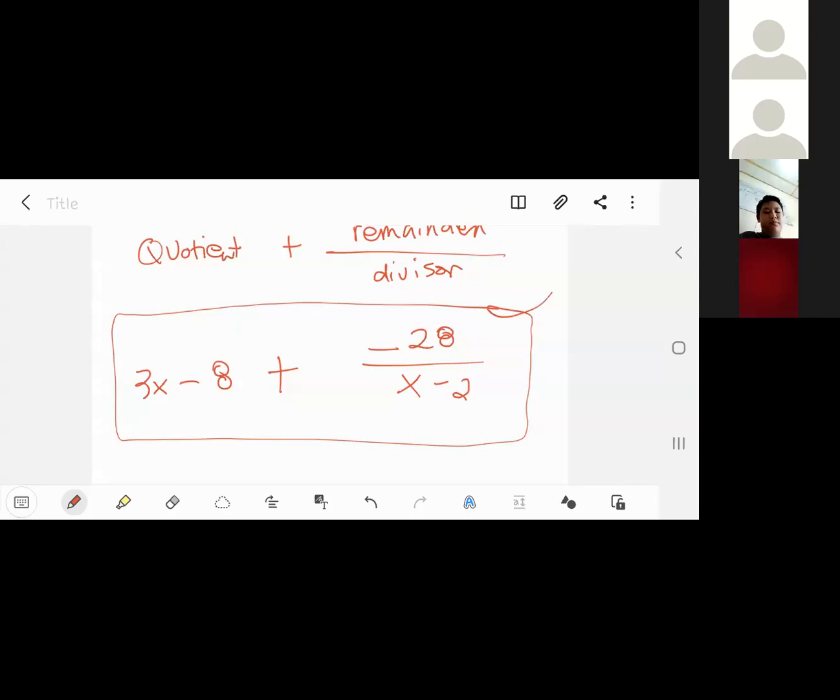Okay, you try this one. For example, like this, x squared.